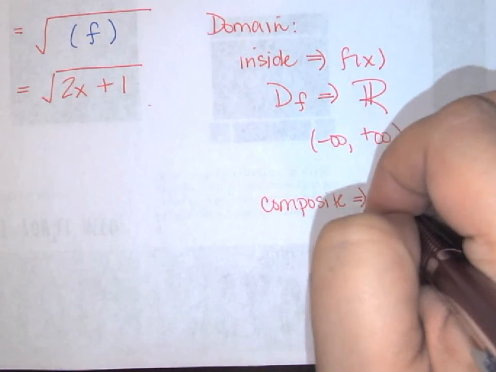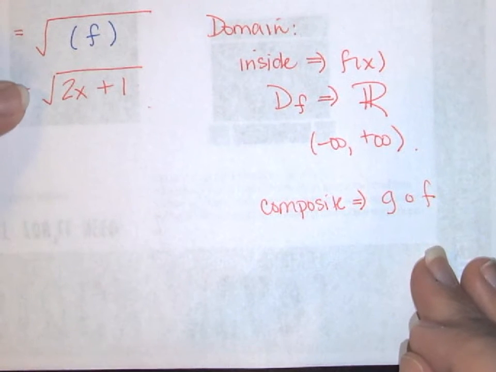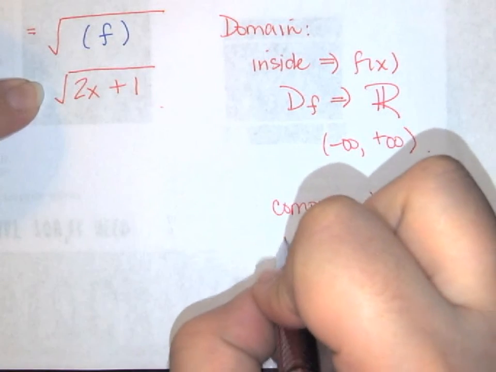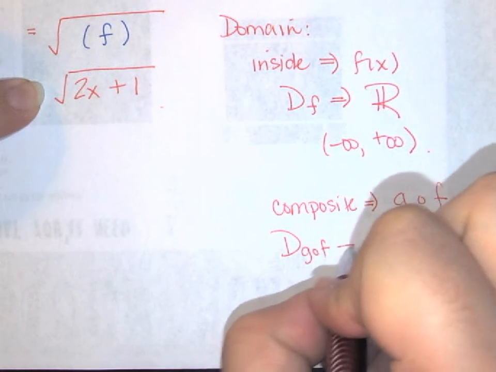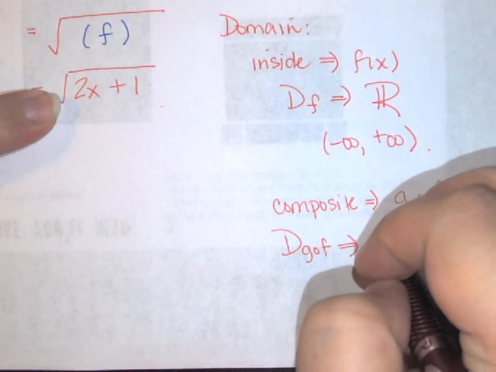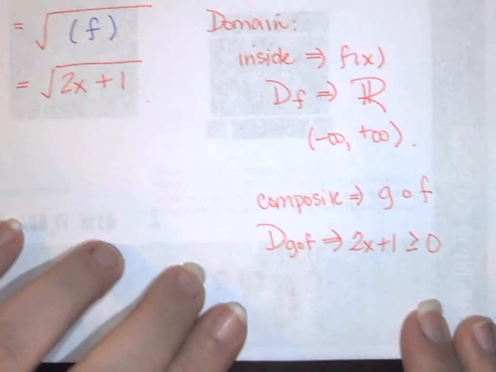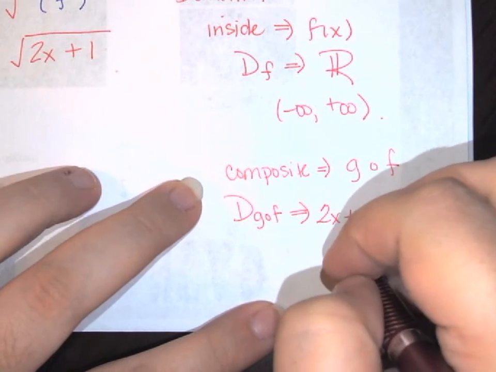Okay. Now the other thing we have to consider is your composite, which in this case was g of f. My composite was the square root of 2x plus 1. So the domain of my composite is going to be that the 2x plus 1 has to be greater than or equal to 0. Well, in this case, I have to solve for x, so subtract 1 and divide by 2.